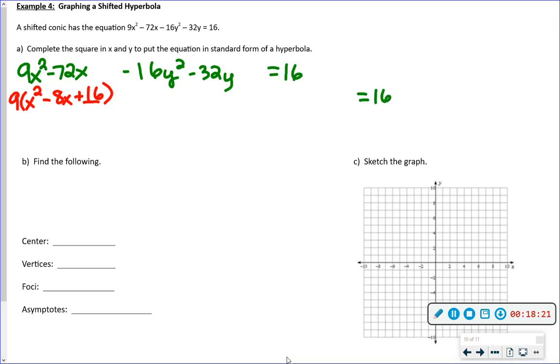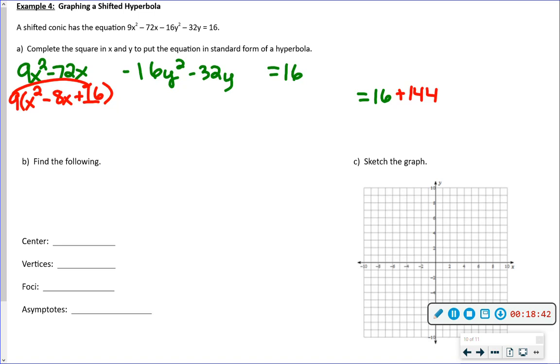I am not just putting plus 16 over there. I'm going to do a little bit of math. You really have that distributor. You really have 9 times 16, which, what's 9 times 16? I've got to look. 144. I did it earlier. So be conscientious of your distributor.